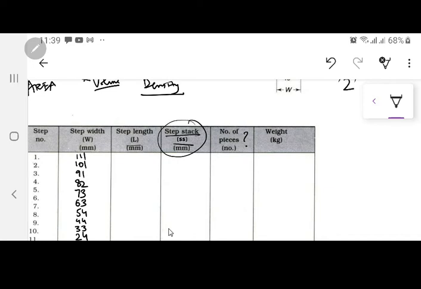Step stack divided by 0.27 is going to give you the number of laminations. Now, shape A is not just 1, it is 2 over there. Since we are taking the calculation for both shape A's, whatever step stack you get, you are going to multiply it by 2.